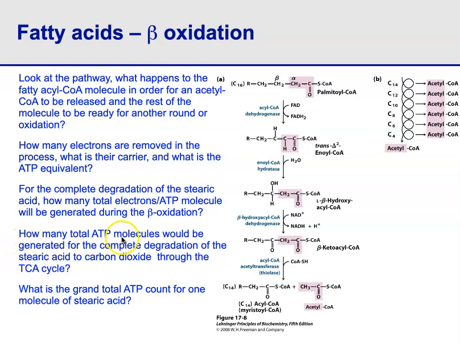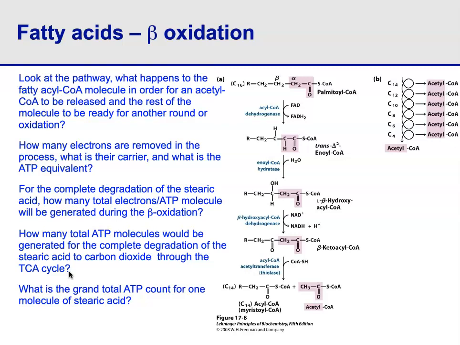Oh, sorry. I think I just went ahead. So how many total ATP molecules will be generated for the complete degradation of the stearic acid to carbon dioxide through the TCA cycle? And just to clarify, no carbon dioxide was released during beta oxidation. So the only way to break down stearic acid to carbon dioxide is through the TCA cycle.